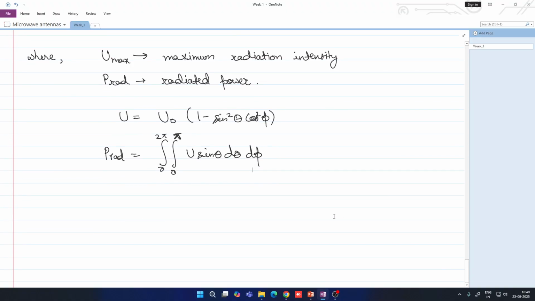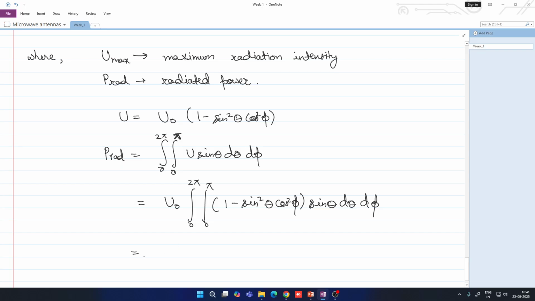It's like solving a surface integral. So it is U naught, integral 0 to 2 pi and 0 to pi, of 1 minus sine square theta cos square phi into sine theta d theta d phi.